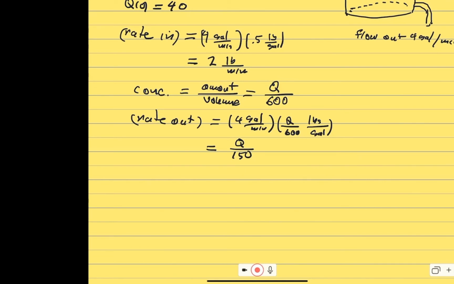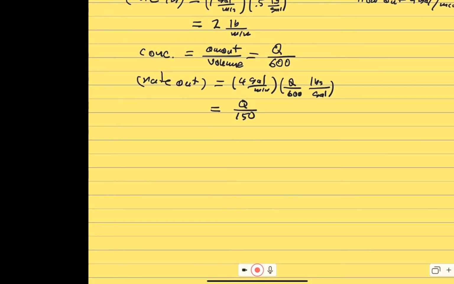So the differential equation we want to work with is dQ/dt, total rate of change, is rate in minus rate out, and that is, what did we decide that was? 2 minus Q over 150.